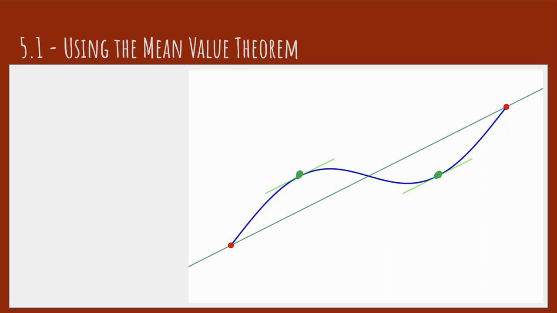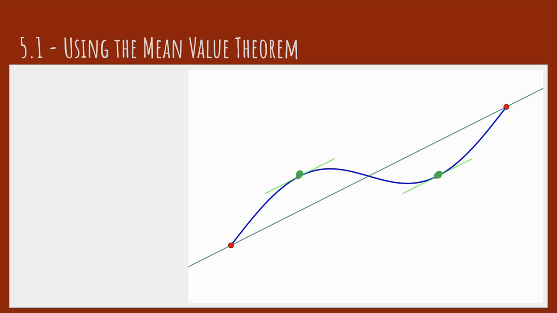So remember, in an application, the average rate of change over an entire interval and the instantaneous rate of change have a particular meaning. If you think about it in terms of, say, a moving vehicle, the average speed of a moving vehicle is the total distance the vehicle traveled divided by the total time that it took to travel it. That would be represented in a picture like this as the slope of the secant line.